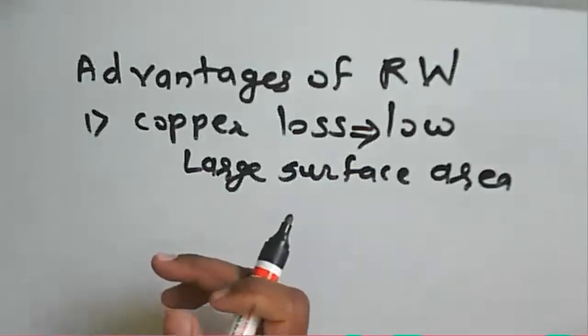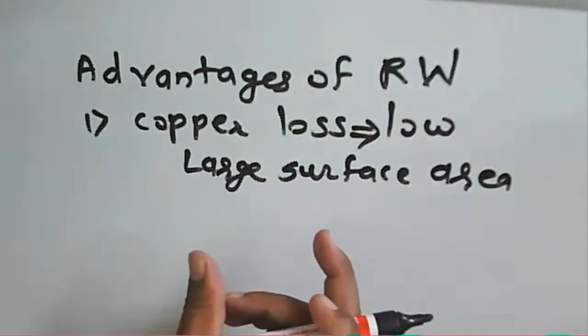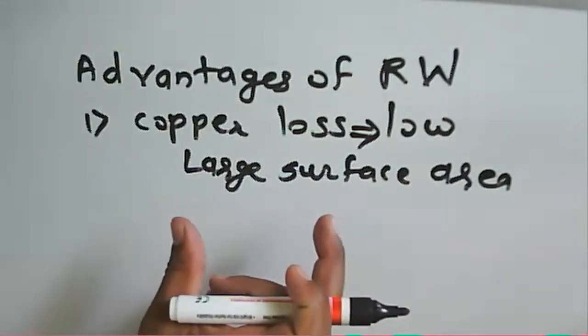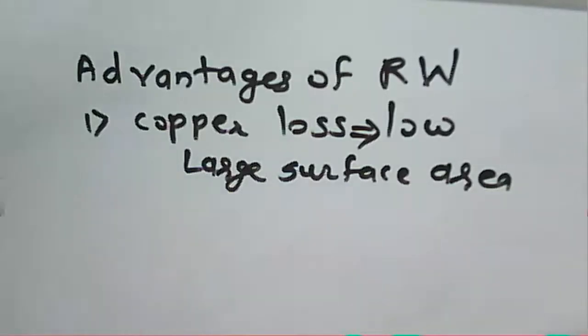If we consider the surface area of a wire, for example a coaxial cable, it is large because it has the outer surface area. As compared to this waveguide, at microwave frequencies the wave is propagating through the conducting walls of the waveguide.